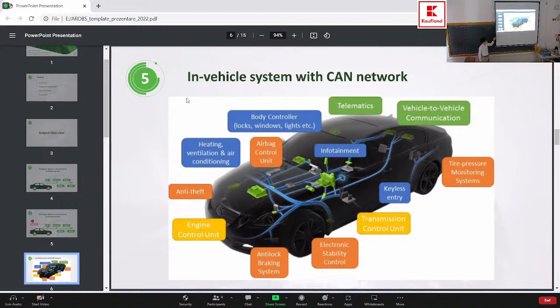The blue line is representing the bus, and some components are connected to this bus to share data, to transmit and receive information. For example, the driver monitoring system can send data to the dashboard ECU to say, hello, please display that there is not enough pressure in the tire, to display on the dashboard that there is a problem.